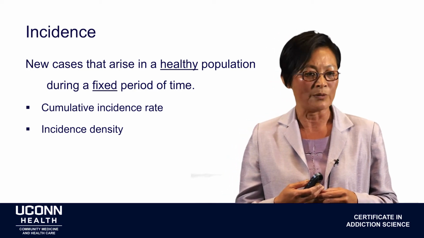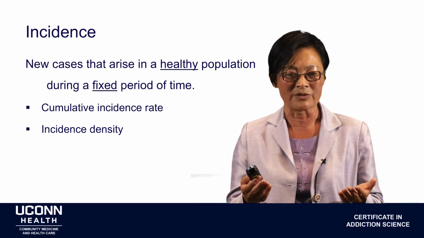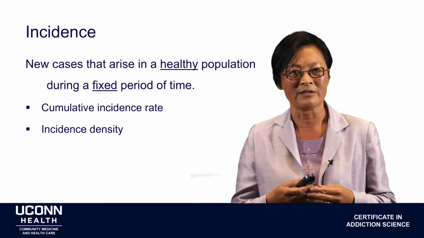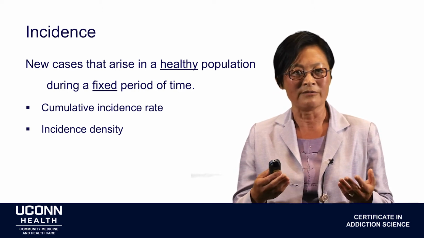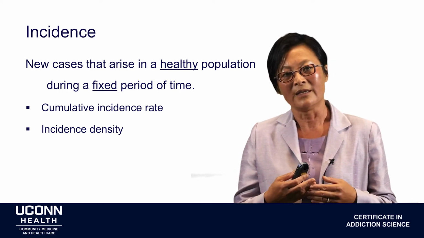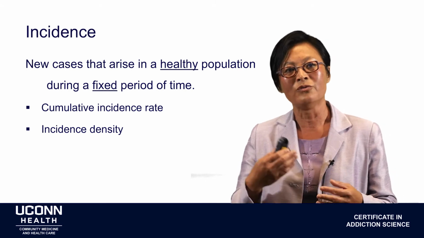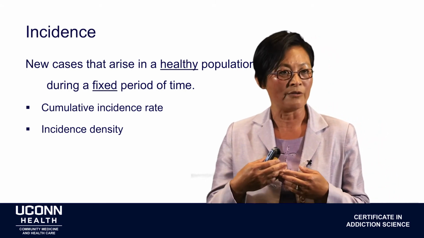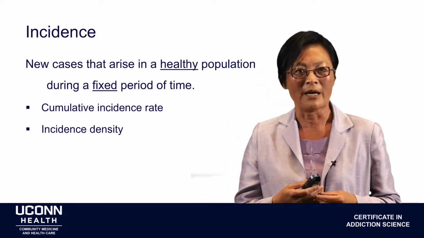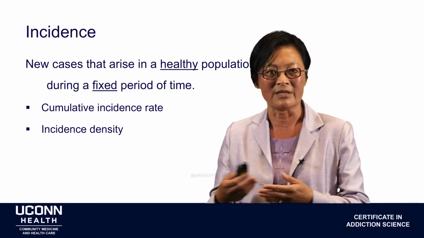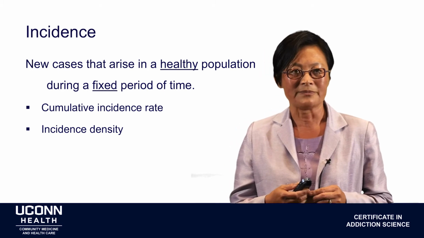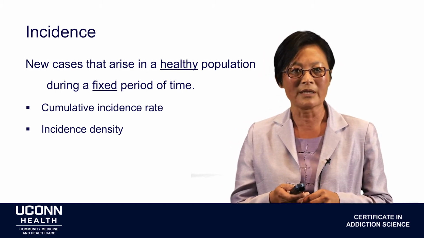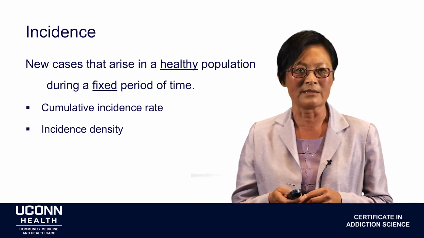For example, we're talking about cannabis use. I mentioned the US survey of 12th graders: new cannabis use can be only 5%, but the prevalence is 78%. So we're going to talk about cumulative incidence and incidence density.